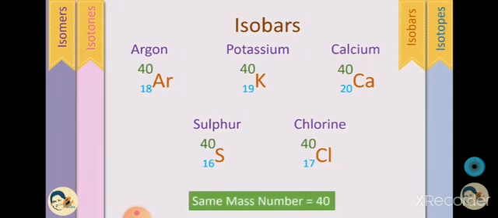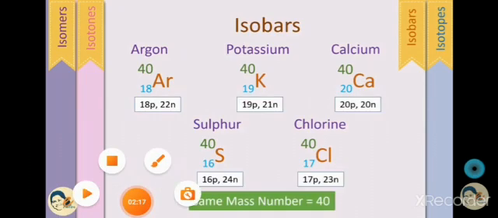Like this, you have to get the number of neutrons for the other elements also. The number of neutrons for argon is 22. Like that, we have to calculate the number of neutrons for the other elements also. Can you check the number of neutrons? Take your notebook, calculate the number of neutrons and check your answer with this.